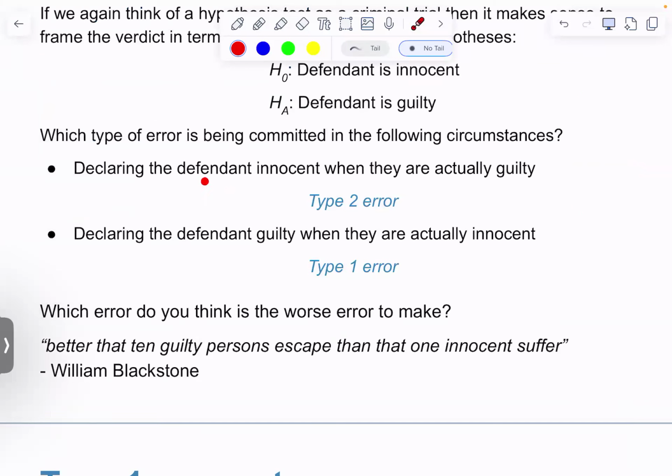So declaring the defendant innocent when they're actually guilty, in terms of our decision, right? Declaring the defendant innocent, that's failing to reject H naught when HA is true.